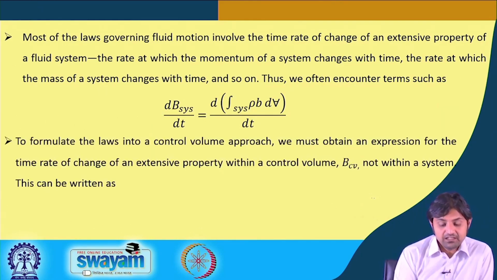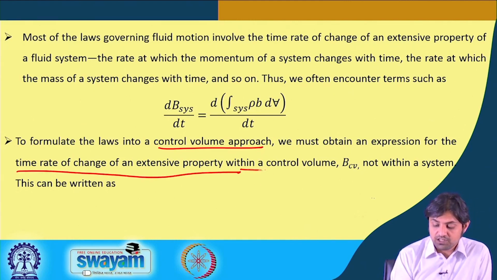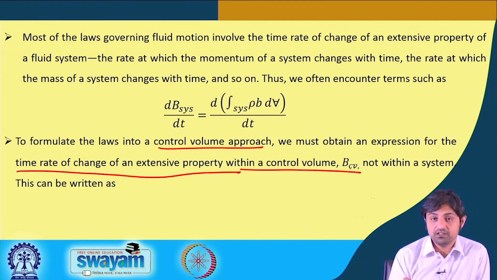To formulate the laws into a control volume approach, we must obtain an expression for the time rate of change of an extensive property within a control volume, B CV, and not within a system.